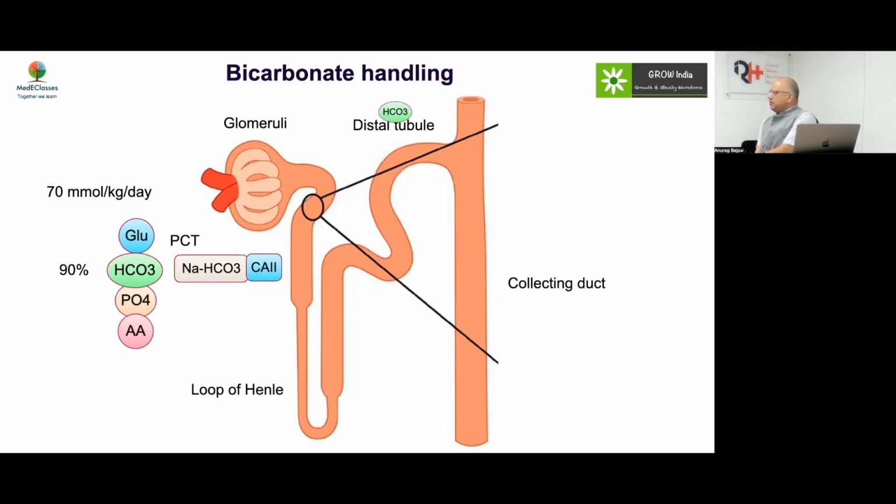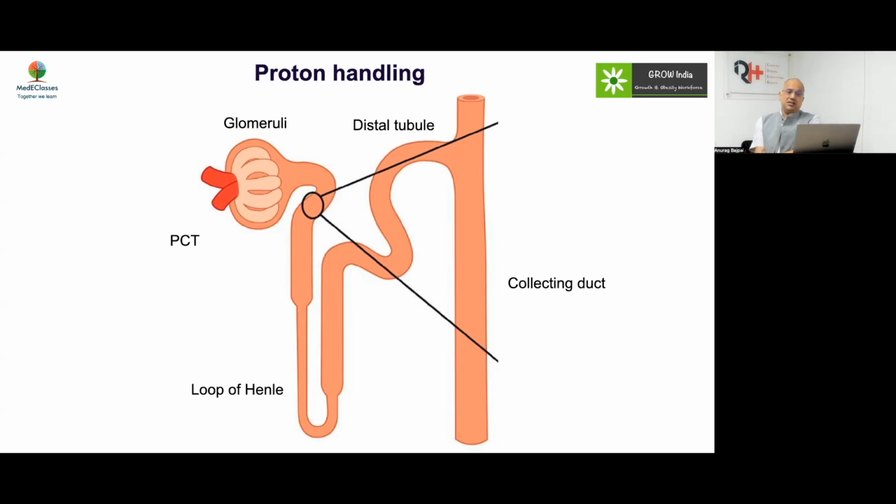Now, as I said, 9 to 10% of bicarbonate is absorbed at the level of the distal tubule, and only 1% of it is really excreted. Proton handling is a more difficult scenario because proton is actually an acid. When you are putting acid inside, you will need to be careful. It's not an easy process.